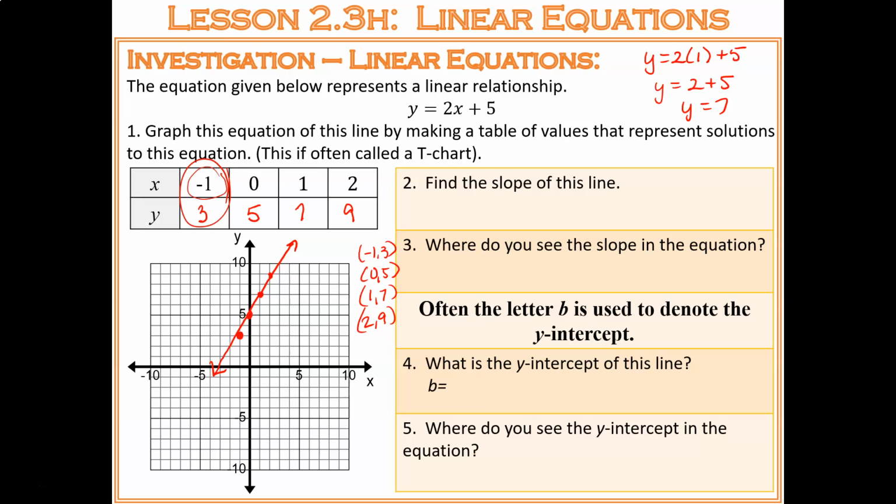Okay, so number 2 says find the slope of the line. If you remember this magic formula, the m is the slope and the b is your y-intercept. So our slope is 2, and you see this where the m is, before the x, the coefficient of x.